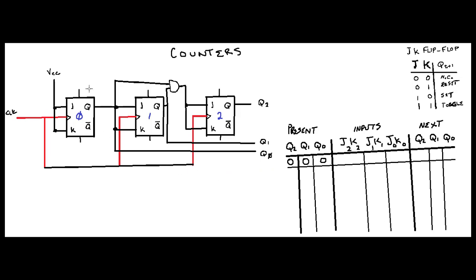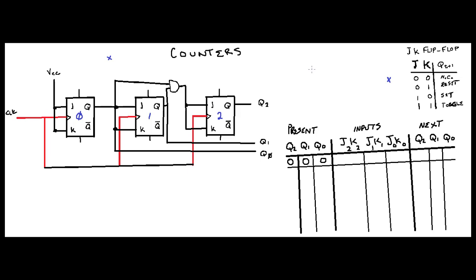As I stated earlier, I was going to give you a circuit. On this side right here is your circuit. It consists of 3 JK flip-flops and an AND gate. Over here I wrote the truth table for a JK flip-flop.